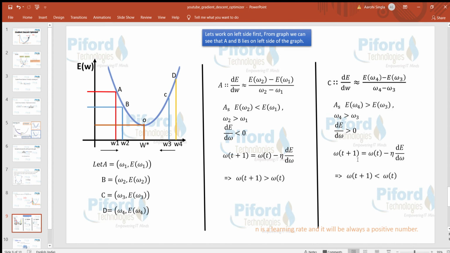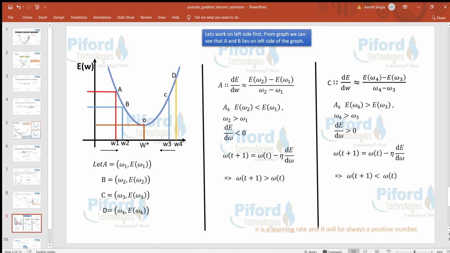Now let's use the same weight updation formula. W(t+1), the new weight value which we want to calculate, equals W(t), the old weight, minus η dE/dW. We know that dE/dW is a positive value, which we have just calculated, and the learning rate is always a positive value.